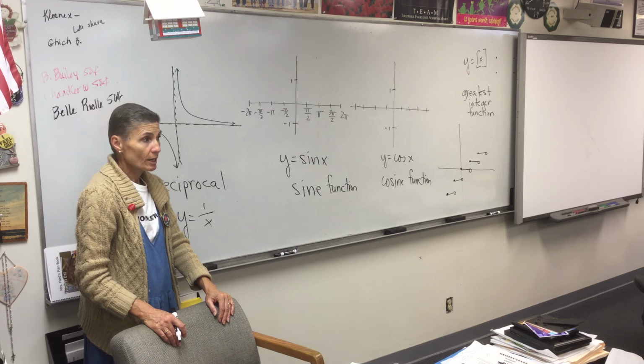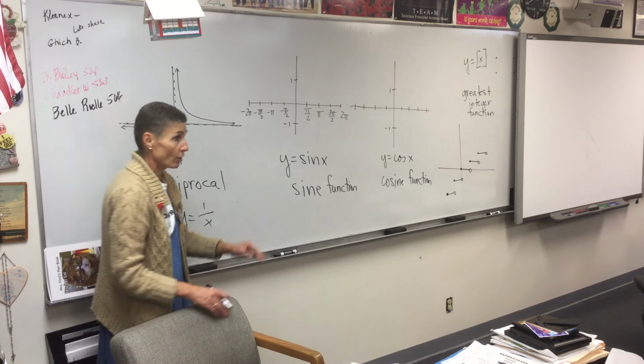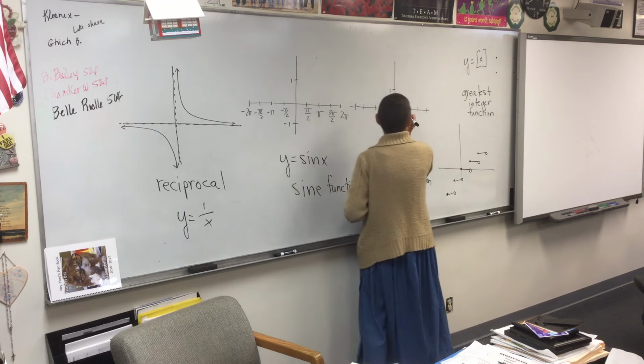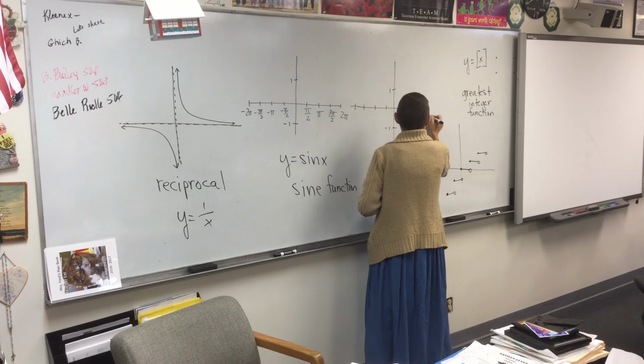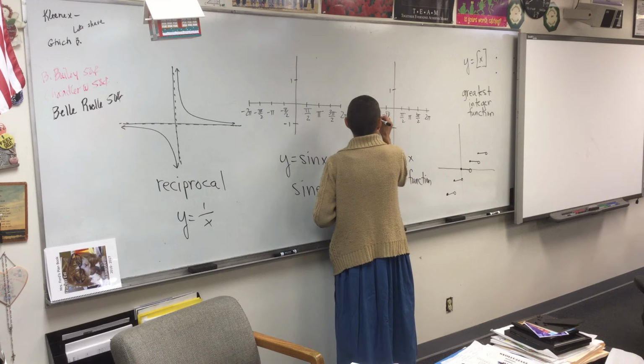Now as soon as you're done with the sine card, I want you to come over and do exactly the same thing with your cosine card. Label it exactly the same way.